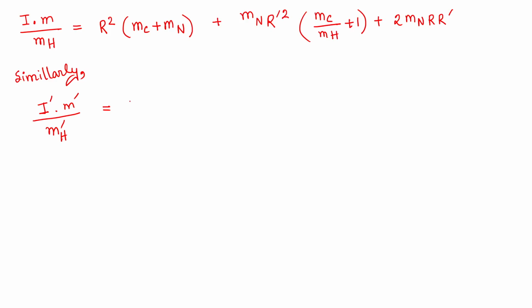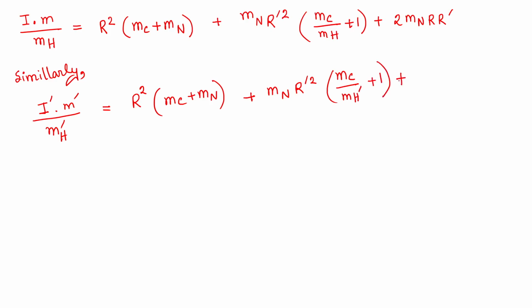But here one approximation we are dealing with, the non-rigid rotor, so there is no change in the bond length. The bond length will still remain the same. So the first expression is unchanged. What happened to the second term? It is M_C by M_H dash. Wherever we see the total mass and M_H, we will change it.